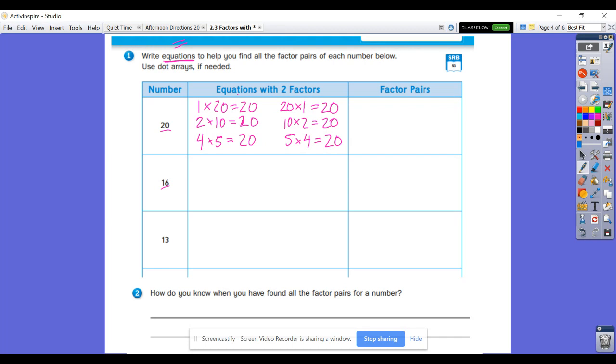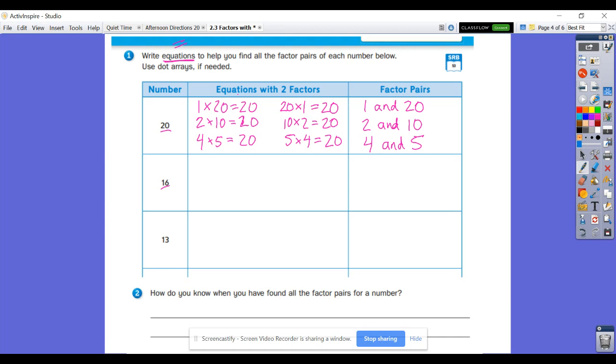So now when it asks for the factor pairs, remember those were the two numbers together. So 1 and 20 are a factor pair, 2 and 10, in this case, a factor pair of 20, and 4 and 5. So same idea, same vocabulary, it just wants you to write it a little bit differently.